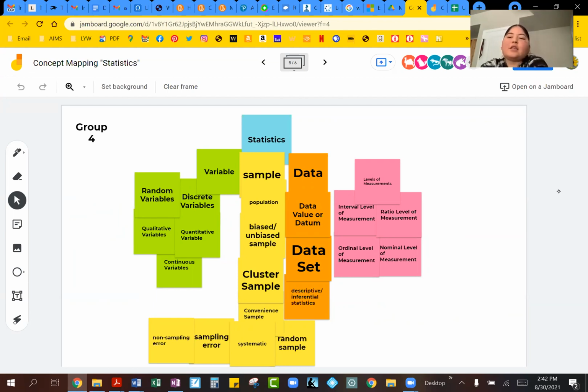Data is all in orange, and levels of measurement, everything that had to do with that, is all in pink. So we color coordinated it like that, took the big words and then organized everything that had to do with those big categories.